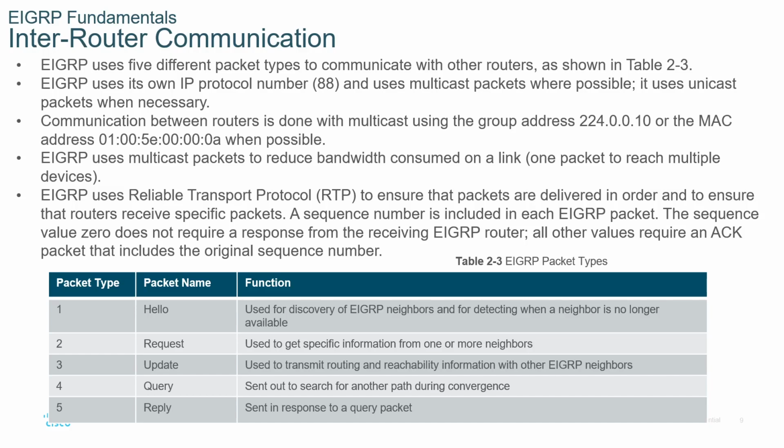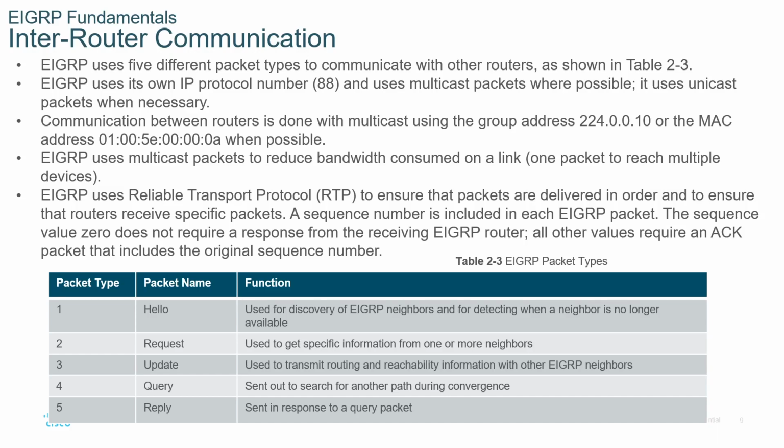To keep track of this, it uses sequence numbers on each packet. We should remember back to our TCP handshake, where sequence numbers and acknowledgements are used, and it's based on that sort of condition.